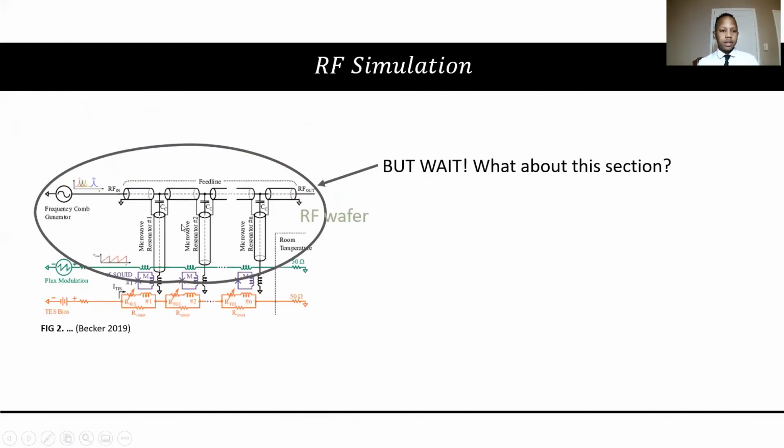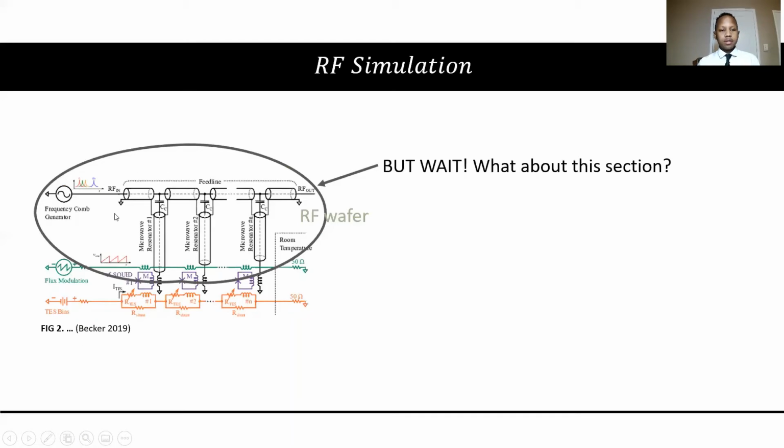Here in this image, the black colored section is the RF wafer, which consists of resonators, and resonators specifically the capacitor, the microwave feed line and transmission line and an inductor, which is all grounded.